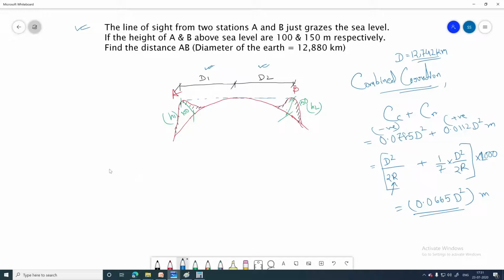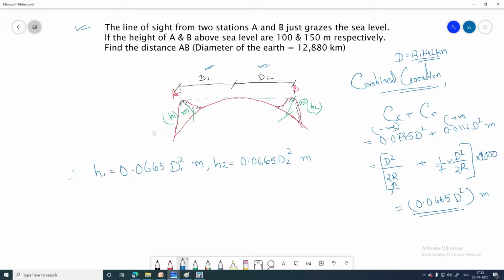So very simple, we already know this is H1. So the value of H1 that we have determined is 0.0665 d square meter. Okay, now for this case it is D1, and for H2 it is 0.0665 d2 square meter.